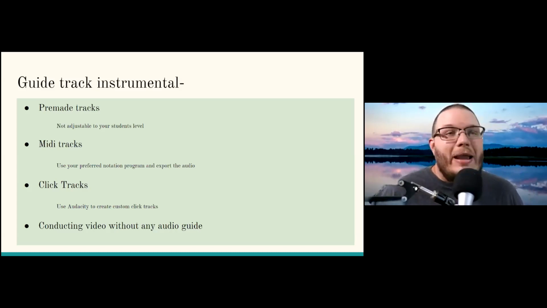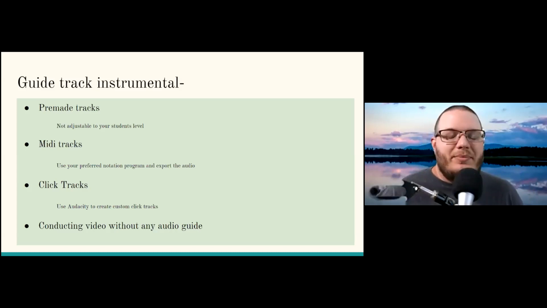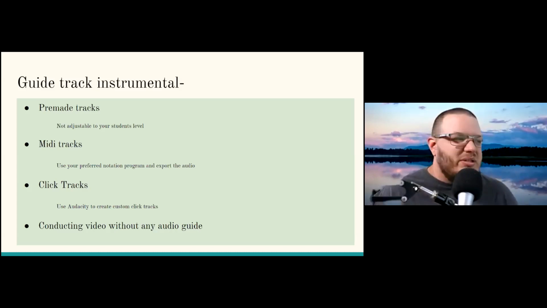Write out your melody and your bass line and maybe one of the harmony parts, and then export that MIDI playback from those programs and let your students play along with that. Obviously, you're not going to want to rewrite the whole score in that program, but you can simplify it to a melody and a bass line, whatever you think your students need. If your piece is quite a bit longer, that's probably not going to be a great option.